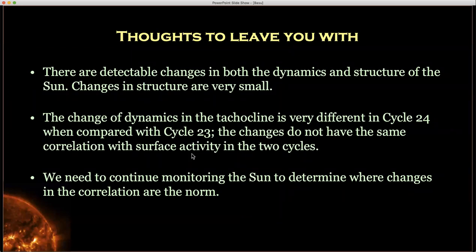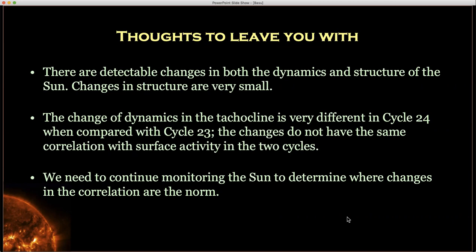The change in dynamics in the tachocline in cycle 24 was very, very different from cycle 23, and they do not have the same correlation with surface activity. I should remind you that if we look at frequency changes in cycle 24 and 23, the correlation with surface activity is not identical, but pretty close. So not this dramatically different.